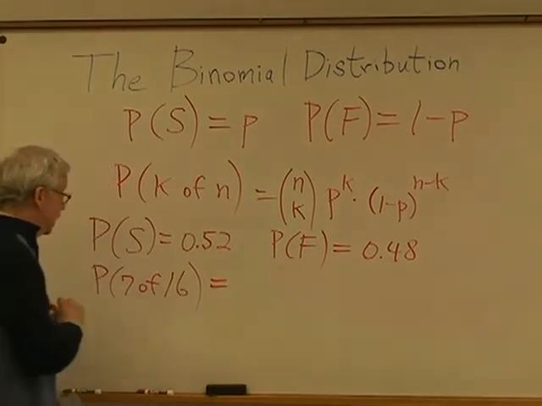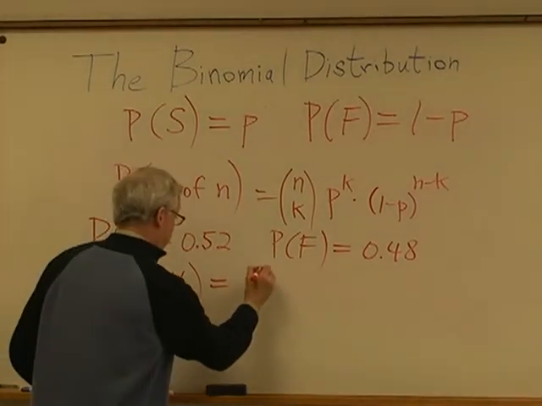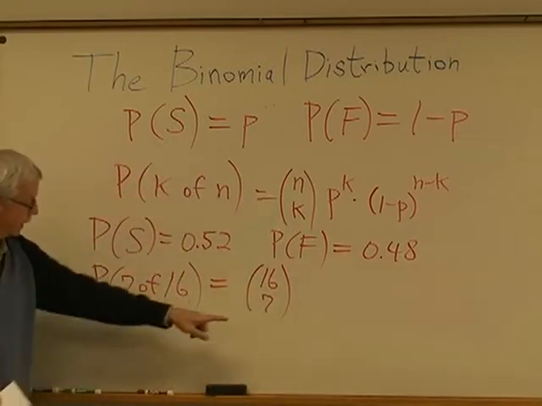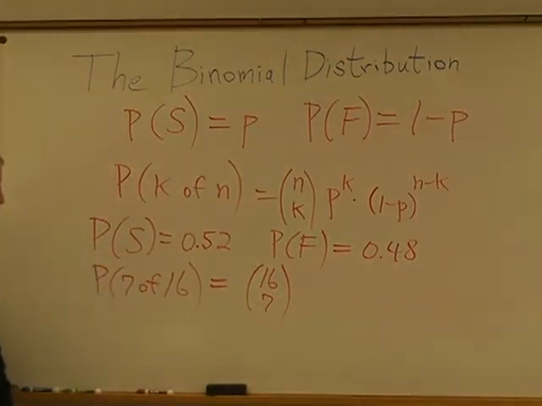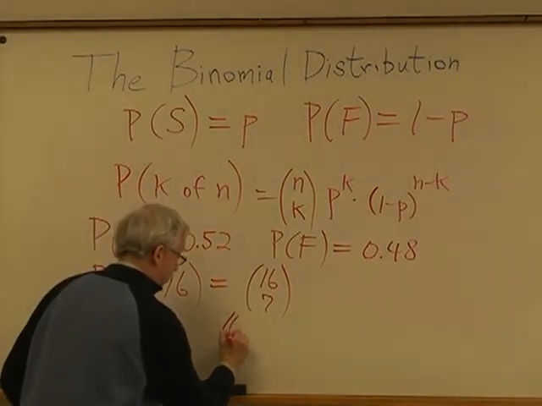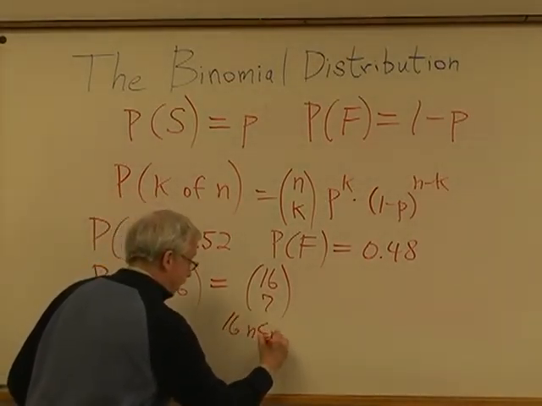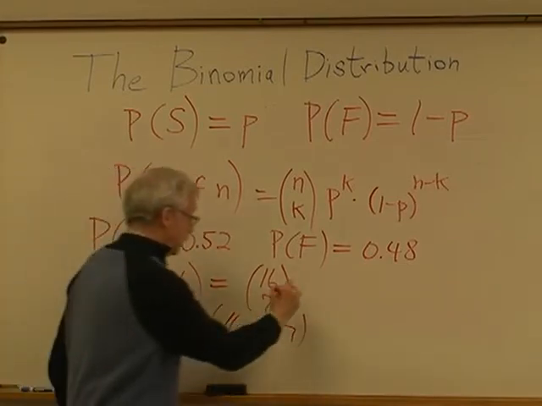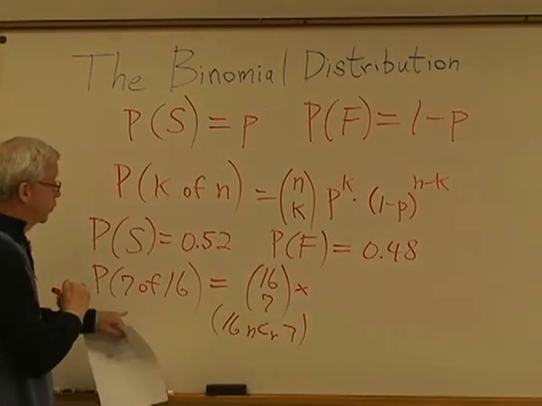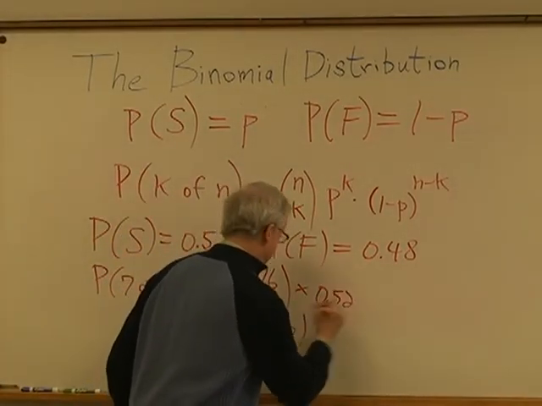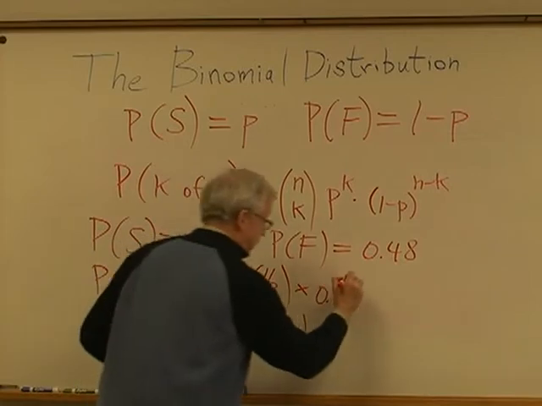Well, I can use my formula. I need 16 choose 7. That's the 7th entry in the 16th row of Pascal's triangle. Or I can compute it as 16 nCr 7, that's how we'll actually find that number, times the probability of success, which we said is 0.52. How many? 7.